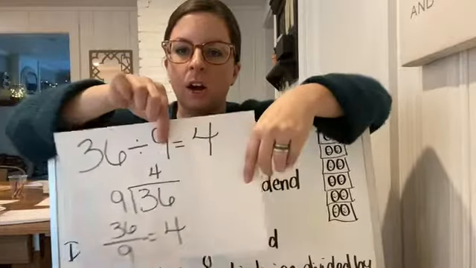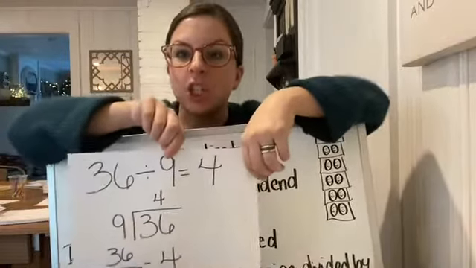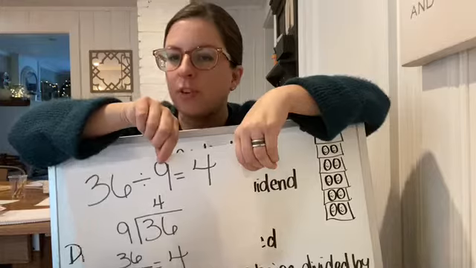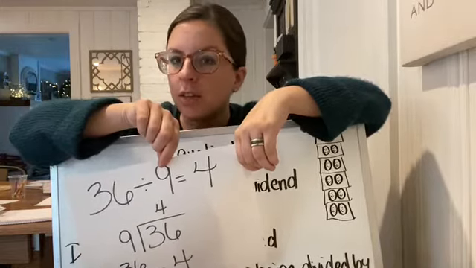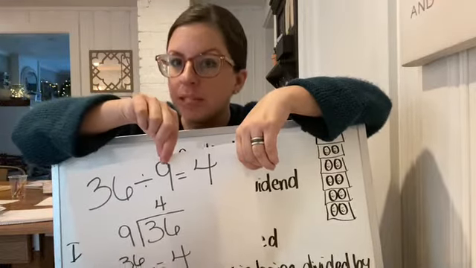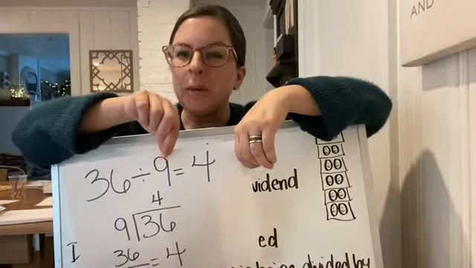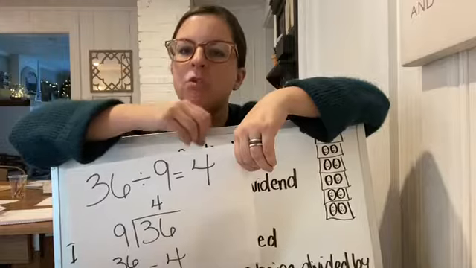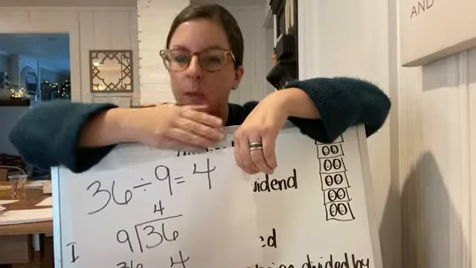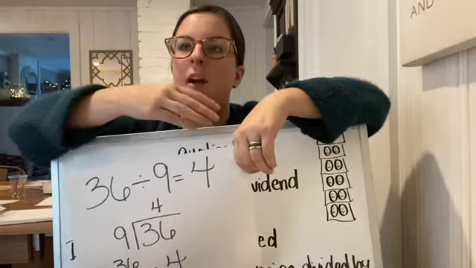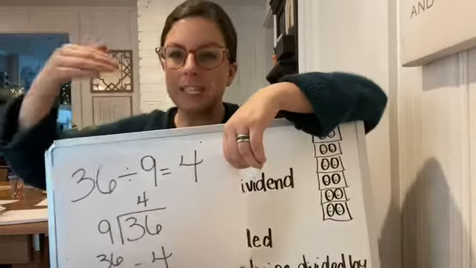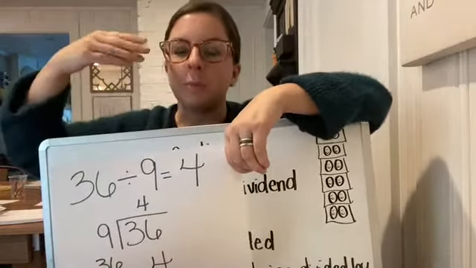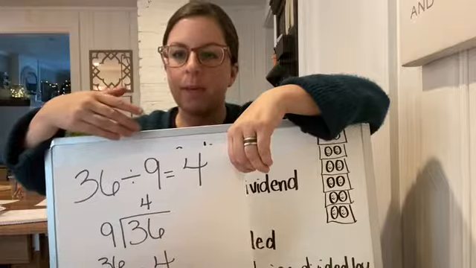This right here is the number that is actually doing something, okay? So if you remember, the divisor is the one actually doing something. Anytime you see OR or ER on the end of something, it usually means someone that is doing something, or something that is doing something, like teacher is the person teaching, okay?